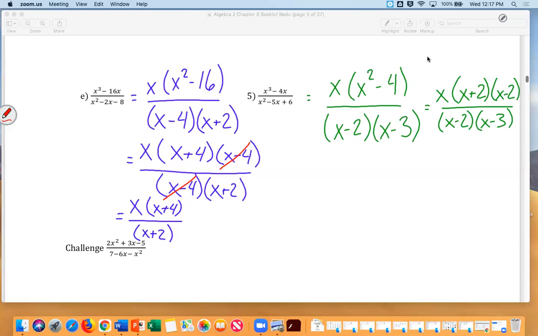What's the same on top and bottom? X minus 2, very good. So we're going to cancel those. So I have x times x plus 2 on top and x minus 3 on bottom.